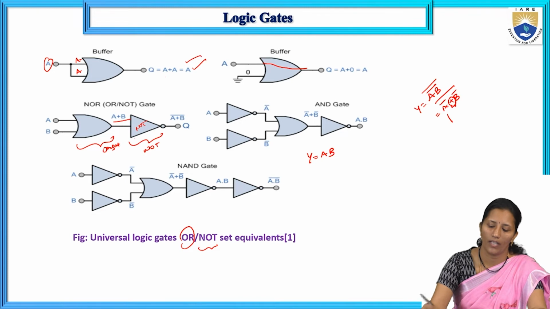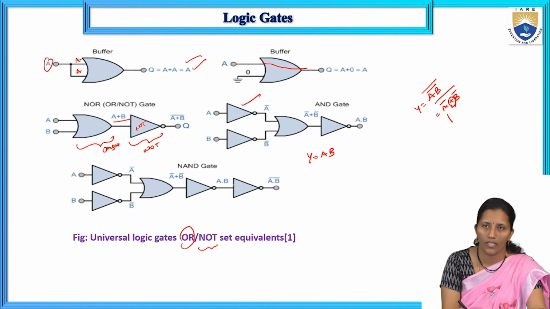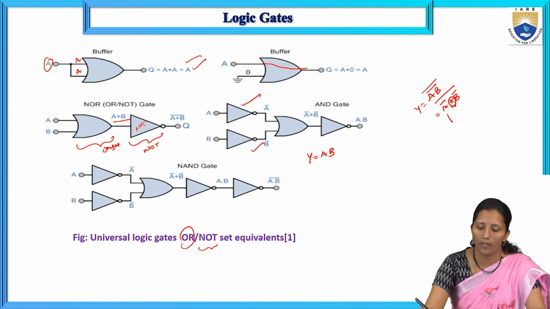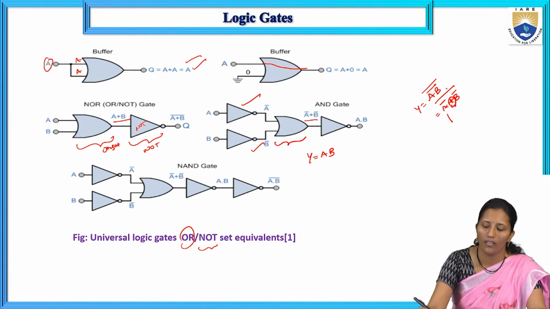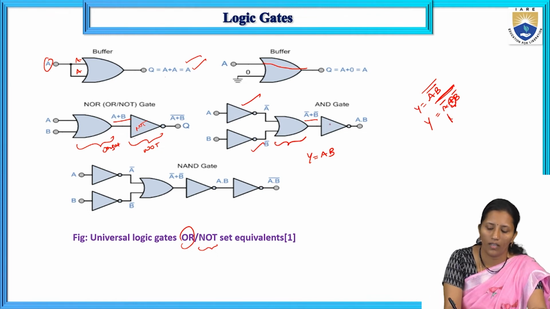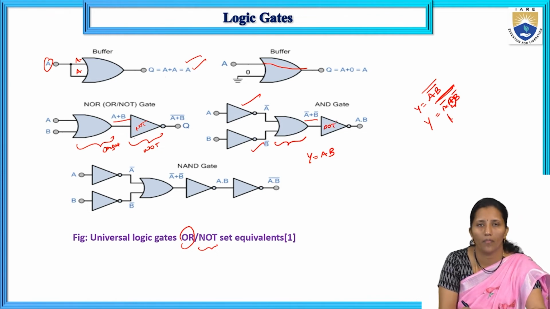So first we realize A bar using a NOT gate, then B bar, and A bar plus B bar, where plus means OR gate. A bar and B bar are given to the OR gate, and we get A bar plus B bar. Then we have to invert that, so we give A bar plus B bar to the NOT gate. We get AB as the output.